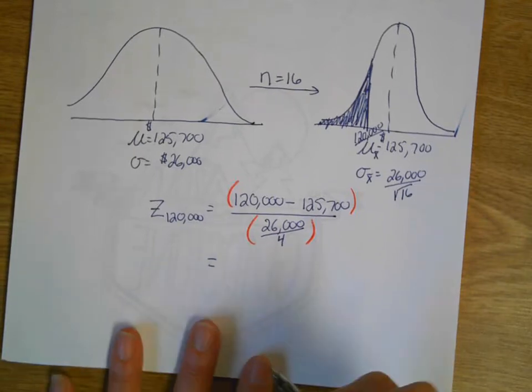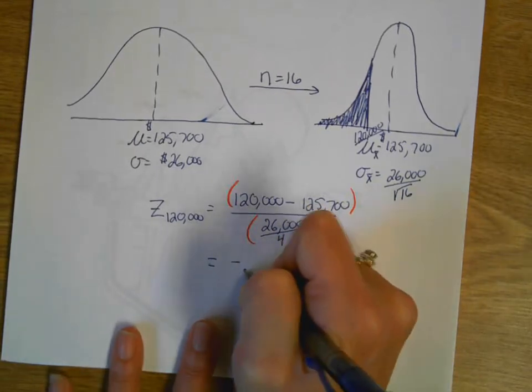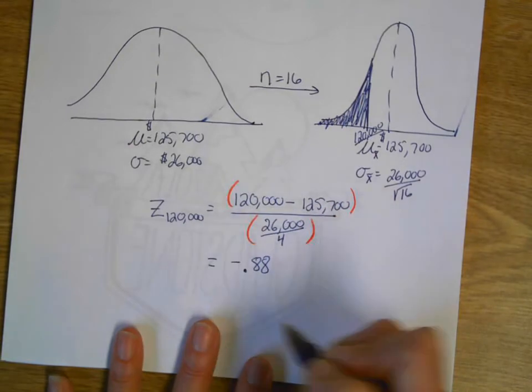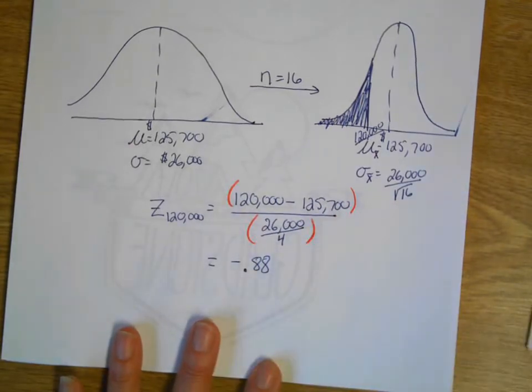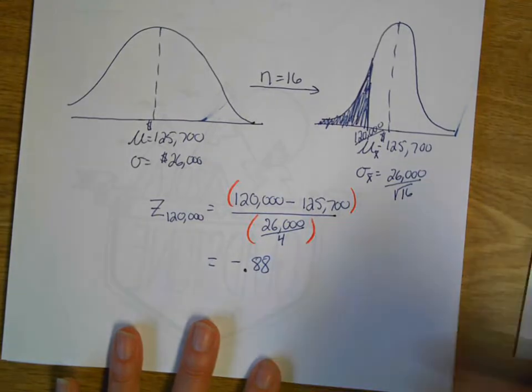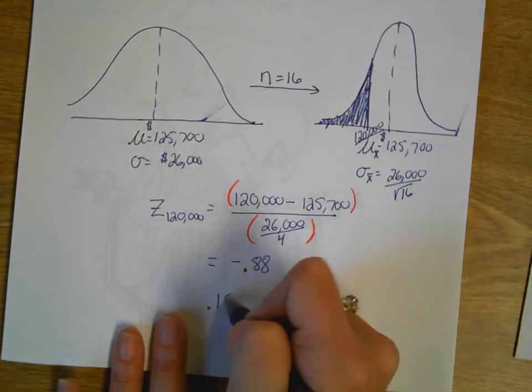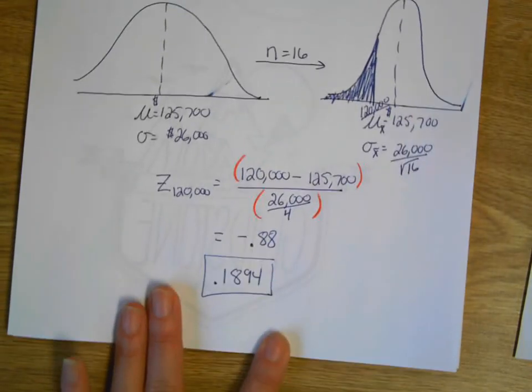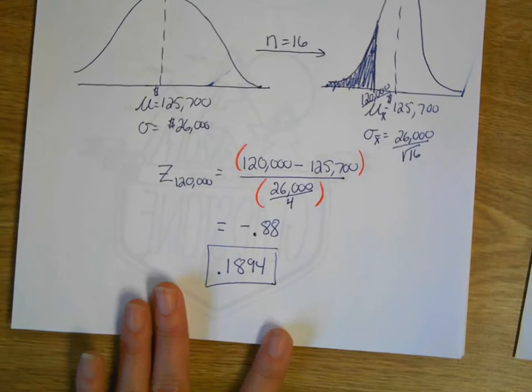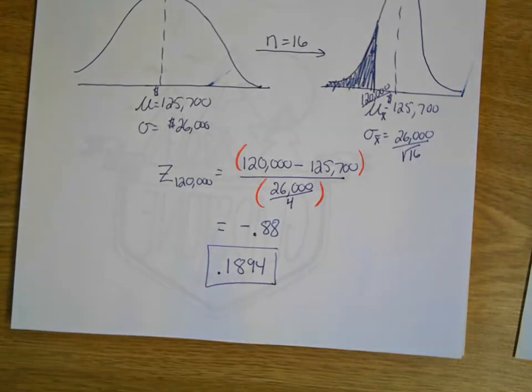And what's the z-score? Negative 0.88. Now look that value up on your table. What is it, 1894? So that will be our probability. Good.